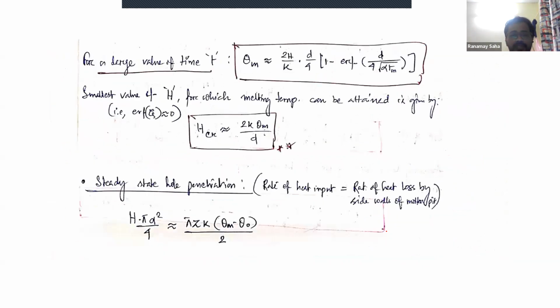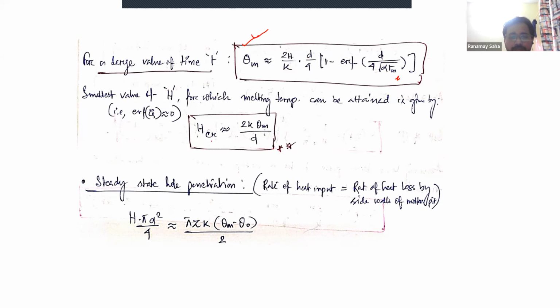Given that, we'll proceed to find out the value for a large duration time. When the duration t is much larger, then your theta m reduces to 2H by k times d by 4 times (1 minus a function of d by 4 root alpha tm), where tm is your melting time. From that you can find out tm, or you can find the temperature at the end of time t.